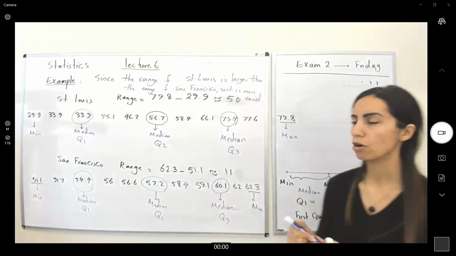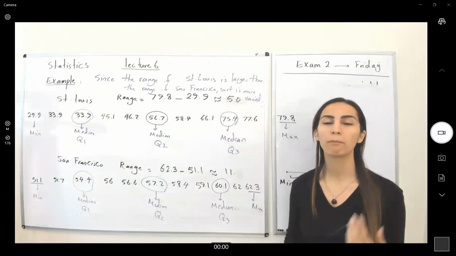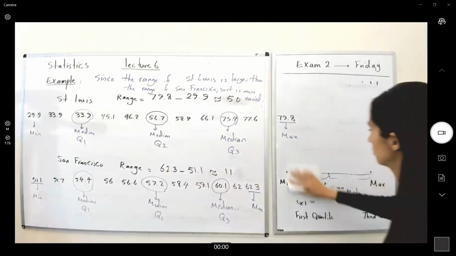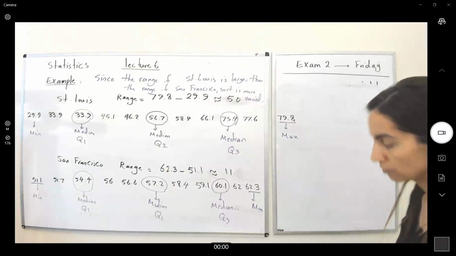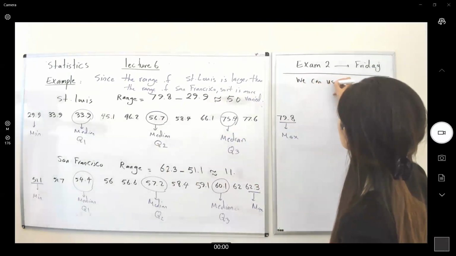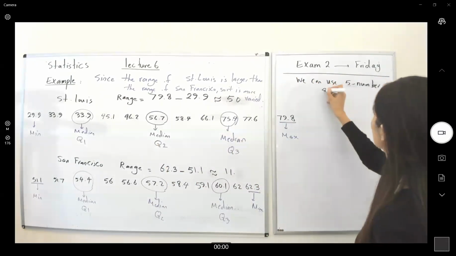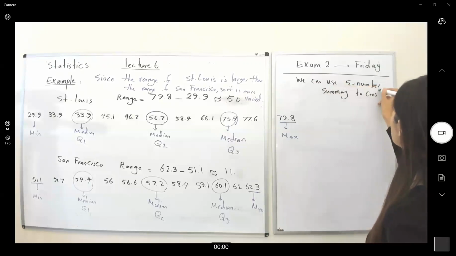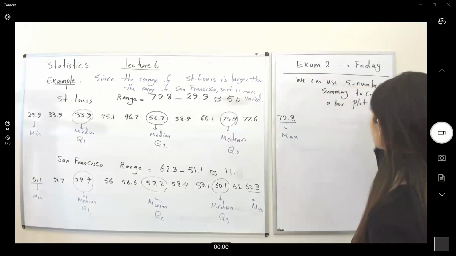Very well. So what we can do with these numbers, we can actually form something that we call a box plot. We can use the 5 number summary to construct a box plot.